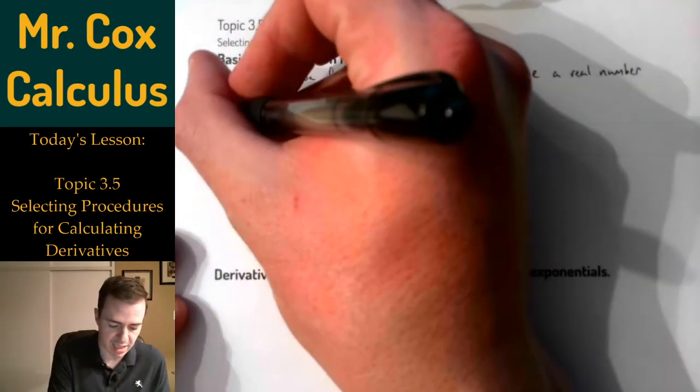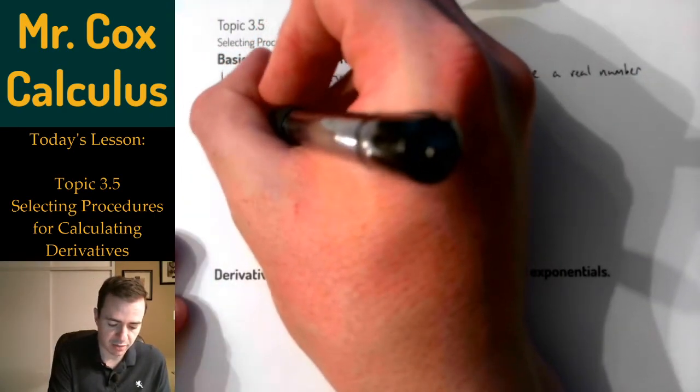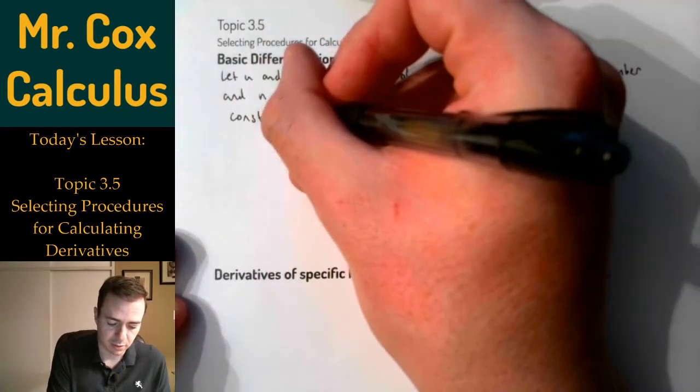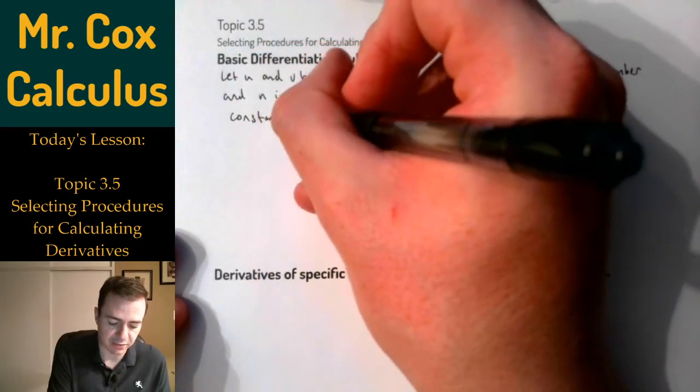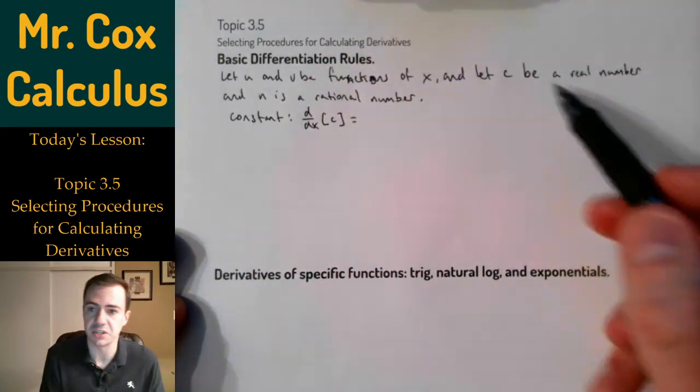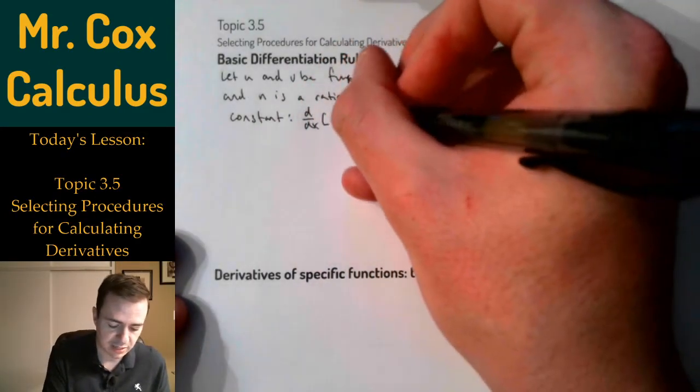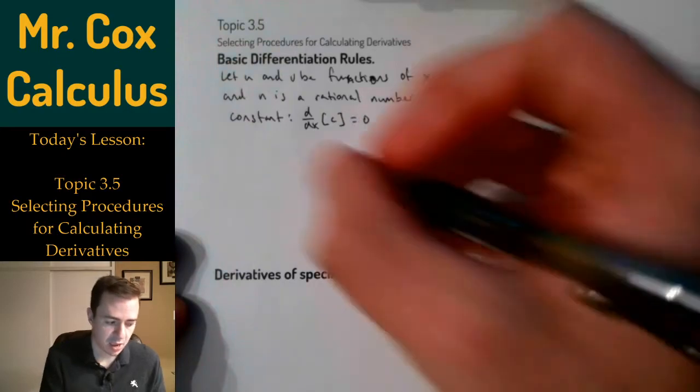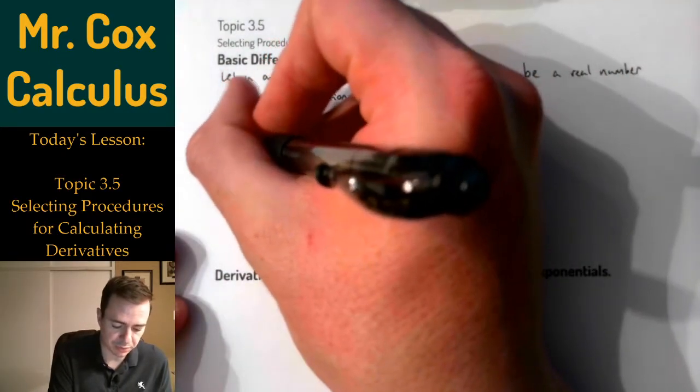The first one we have is the derivative of a constant. We know the derivative with respect to x of any constant value c, which again we defined as a real number, is equal to 0. We have a rule for constant multiples.